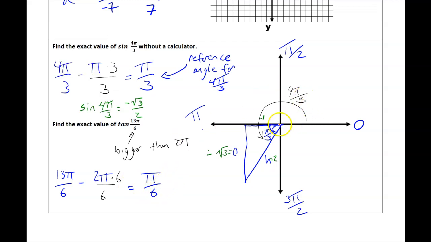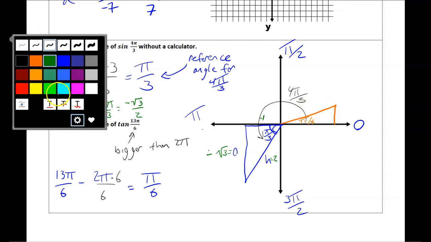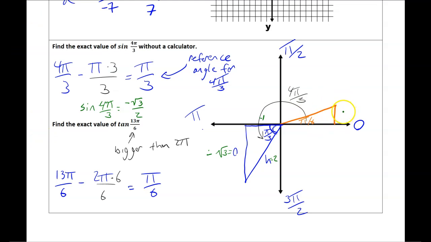So here, we'll use a nice contrasting color. My angle here is pi over 6. And notice we're in the first quadrant here. So this one, pi over 6, is a 30-degree angle. So 1, square root 3, and 2.